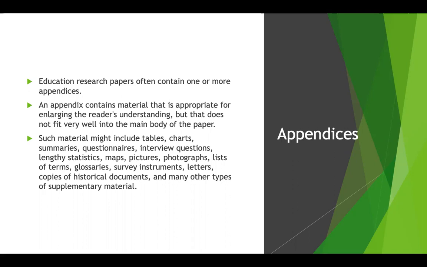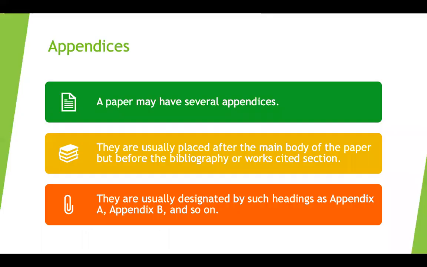It can be helpful for the understanding of the reader, and all those things that should not be part of the main body of the research paper, but can enhance the understanding, go into the appendices.